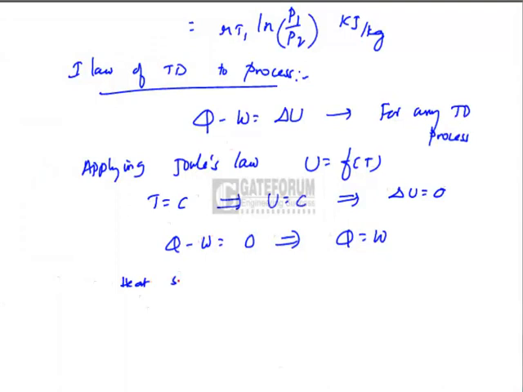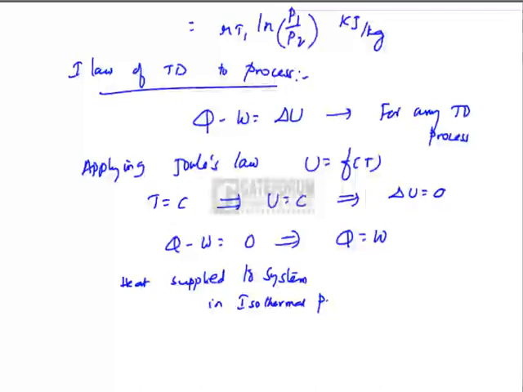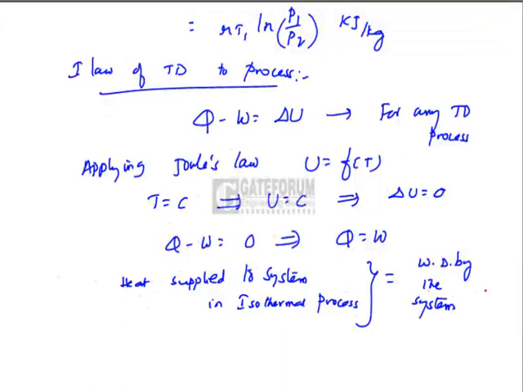That is, heat supplied to the system in an isothermal or constant temperature process is equal to work done by the system. Heat and work are equal in a constant temperature process.